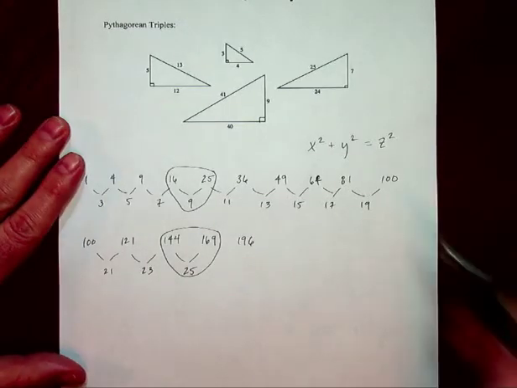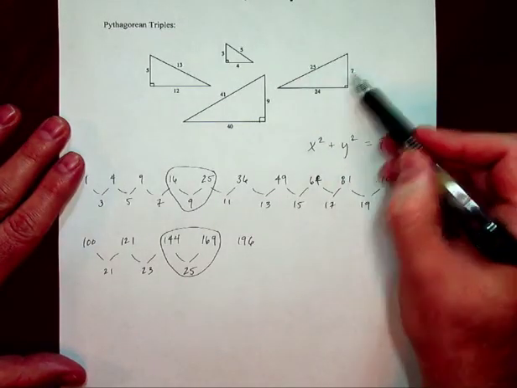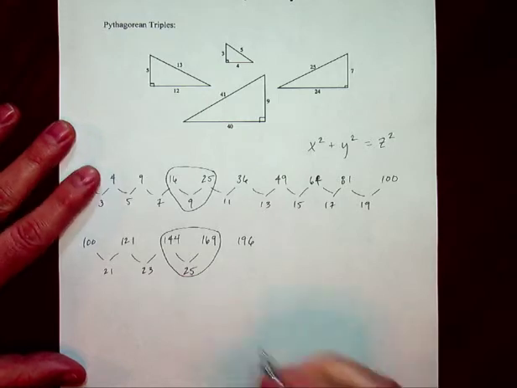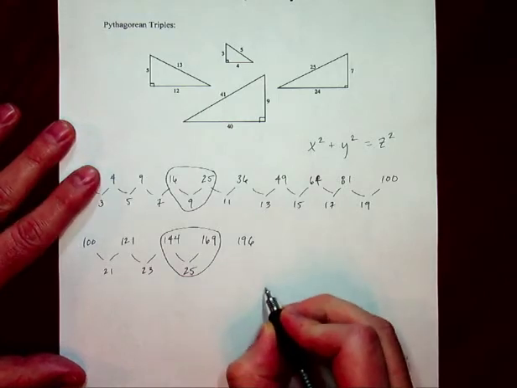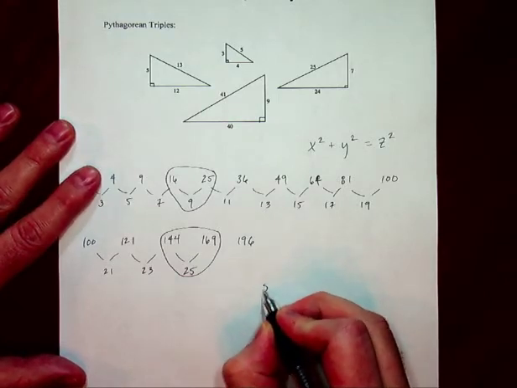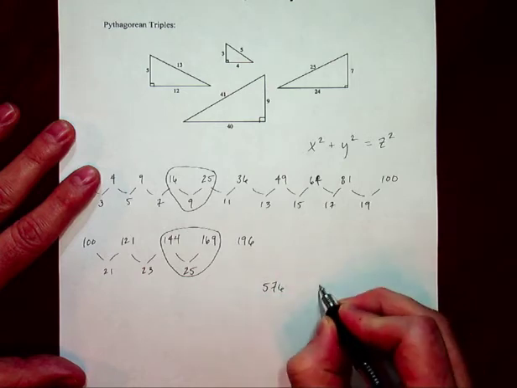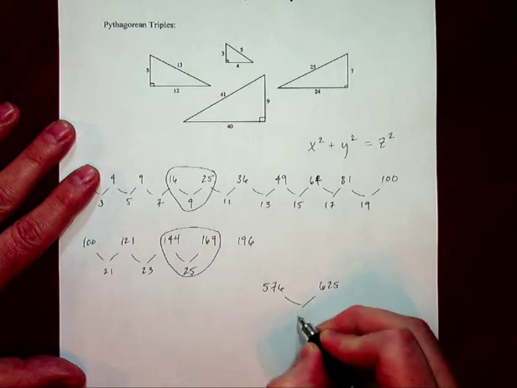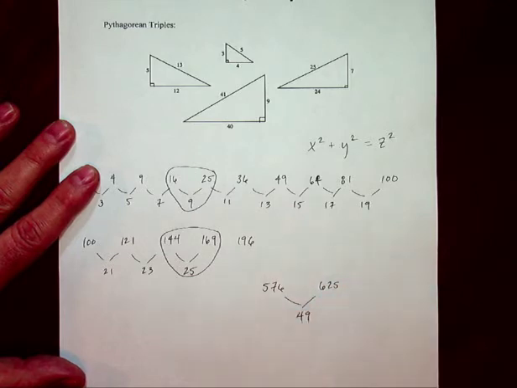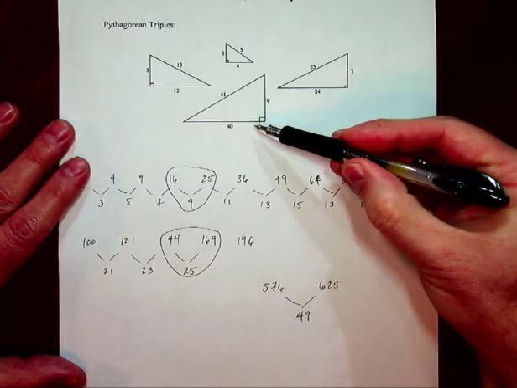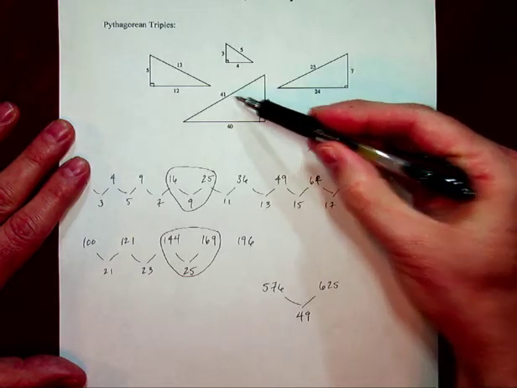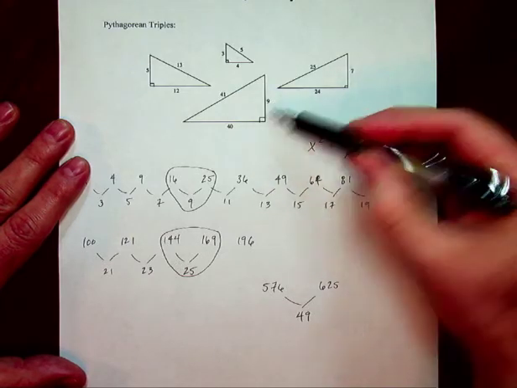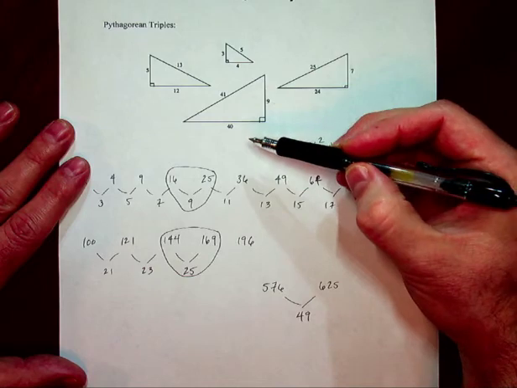And that's also true right here in the 7, 24, 25 right triangle, because 24 squared, as we've shown, is 576. 25 squared is 625, and the difference between those is 49. Guess what the difference between 40 squared and 41 squared is? It's 81, because 40 squared is 1600.